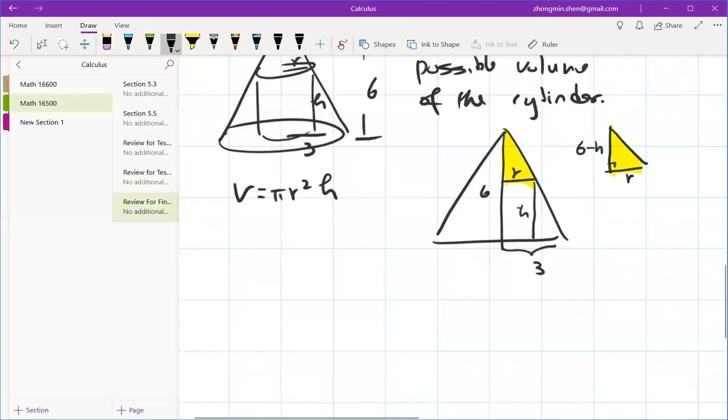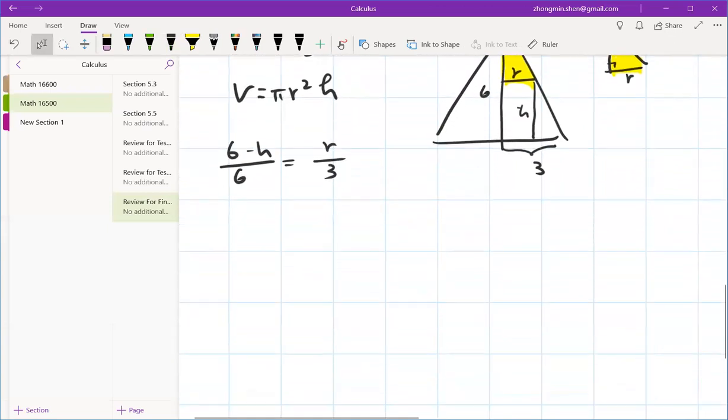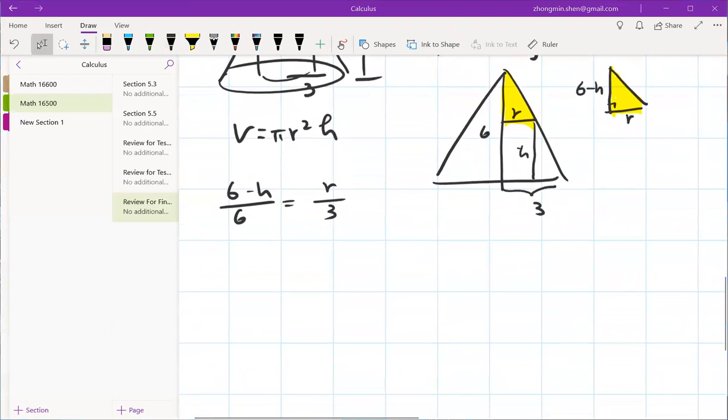Therefore, (6 minus h) over 6 is going to be r over 3. The ratios of the corresponding sides are equal.